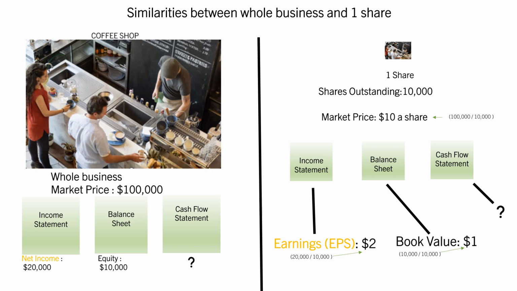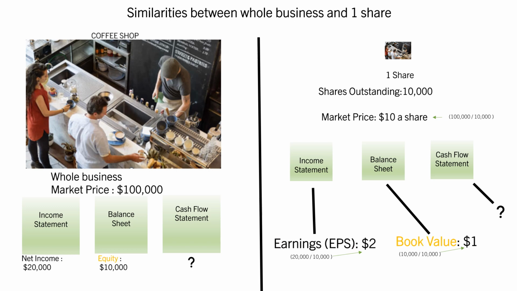So if you take the $20,000 in net income and divide by the 10,000 shares outstanding, you are left with $2, the EPS. EPS stands for earnings per share. So for one share, the earnings is $2.